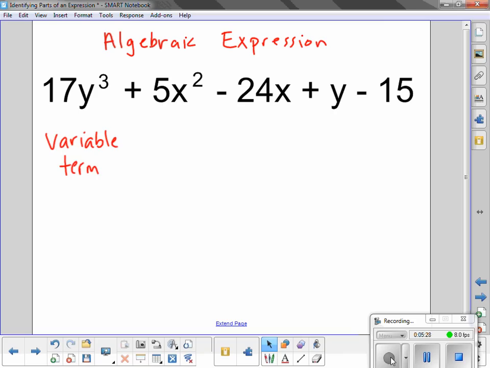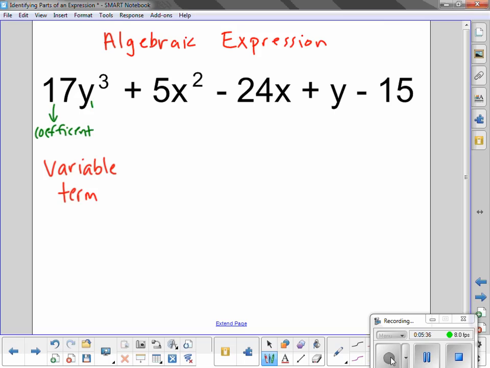Inside that variable term, the 17 is called a coefficient. The y is called a variable, and the 3 is called the exponent.